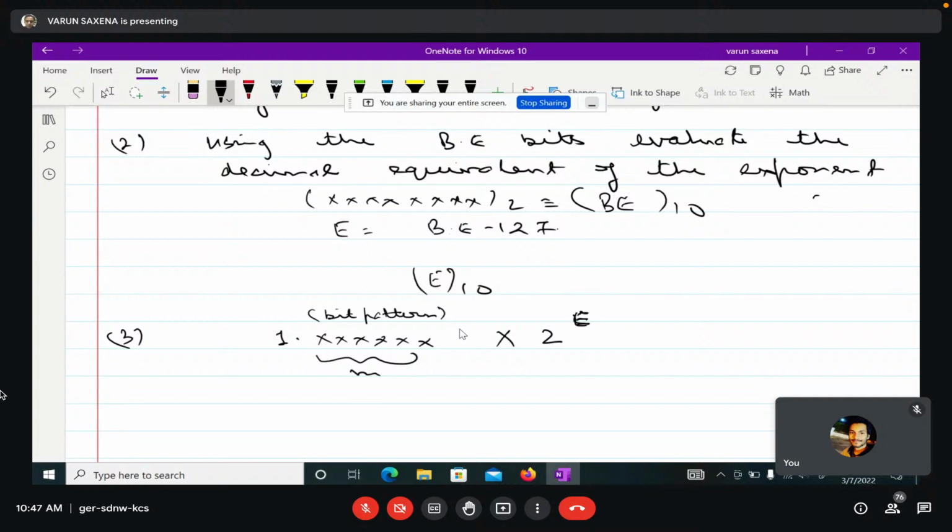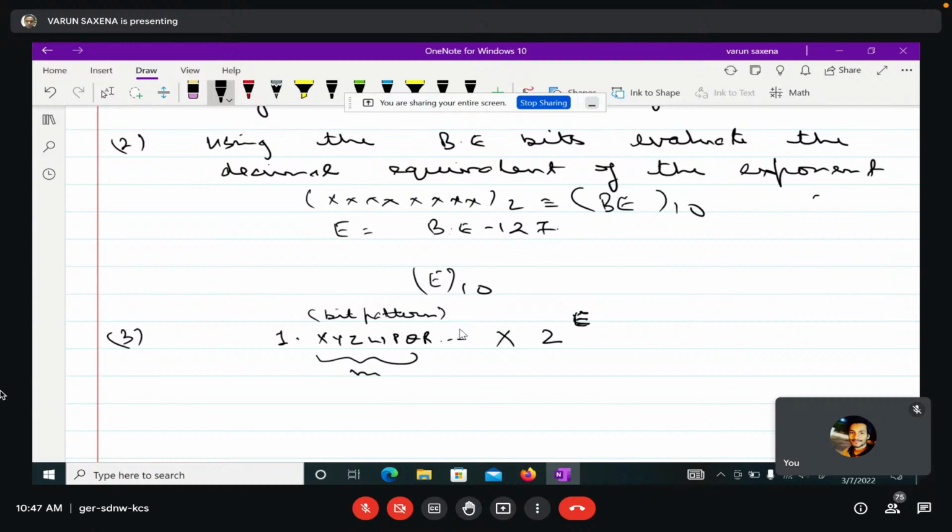Okay. So now, once you obtain the bit pattern of the mantissa, you will apply the standard rule to convert this into a decimal number. So how do you do that? You know this, but let me write it in a different place. Let me call this pattern X, Y, Z, W, E, Q, R, and so on.